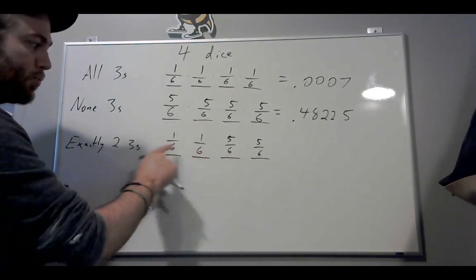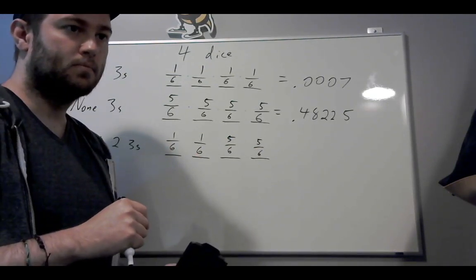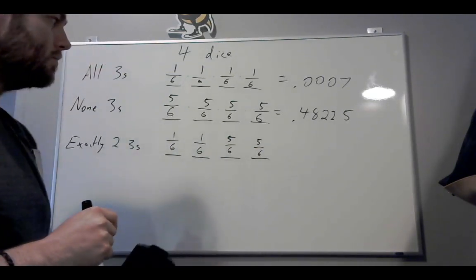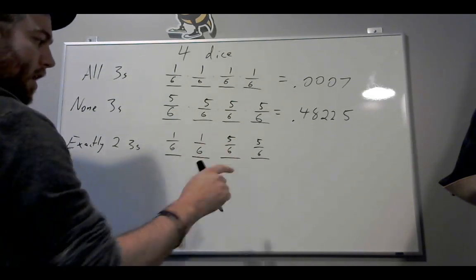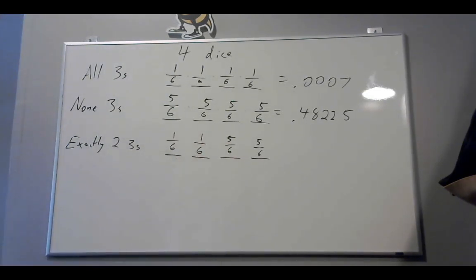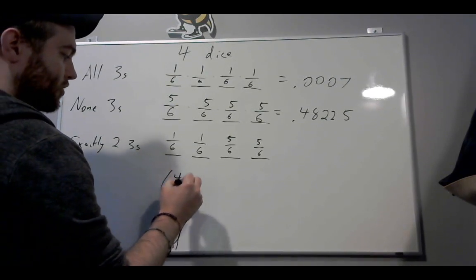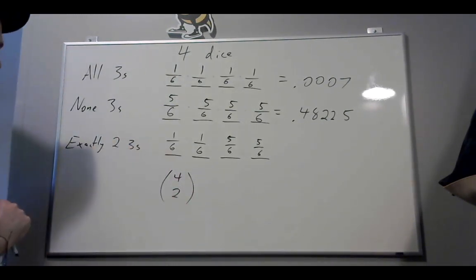We just want these 1/6 to be somewhere in these 4 spots. This is actually a combination where out of the 4, we want it to choose only 2 of them. Out of the 4, we want 2 of them to be the 1/6. We don't care which.